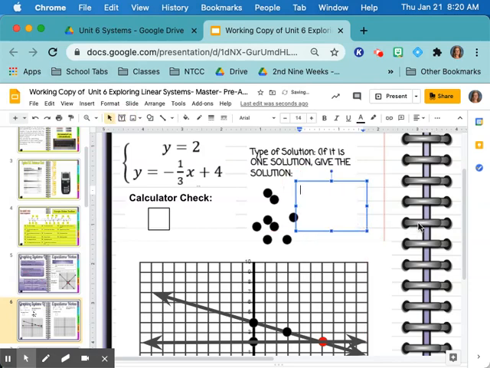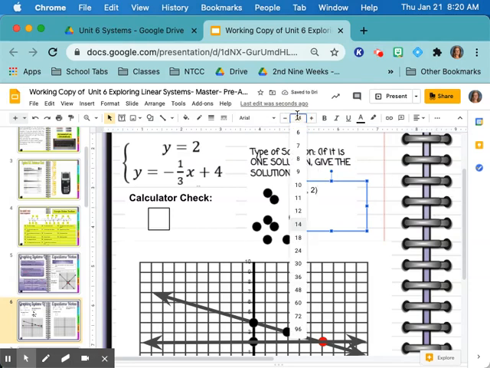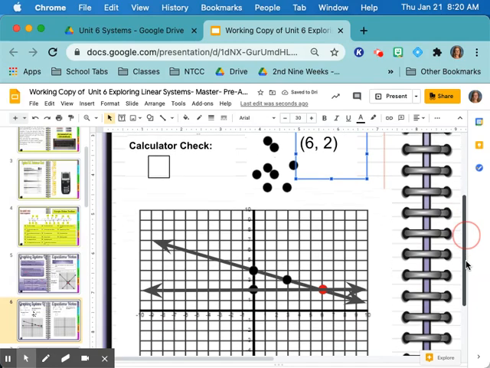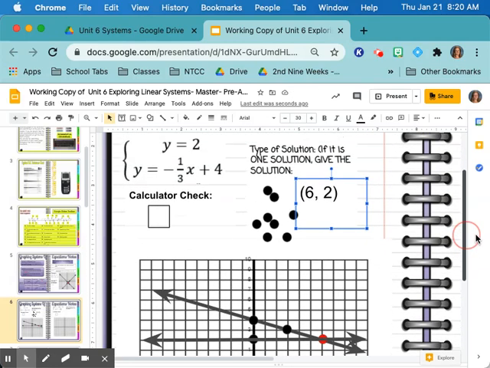So that would be, is it 6, 2? Over 6 up 2. So then we need to check it.